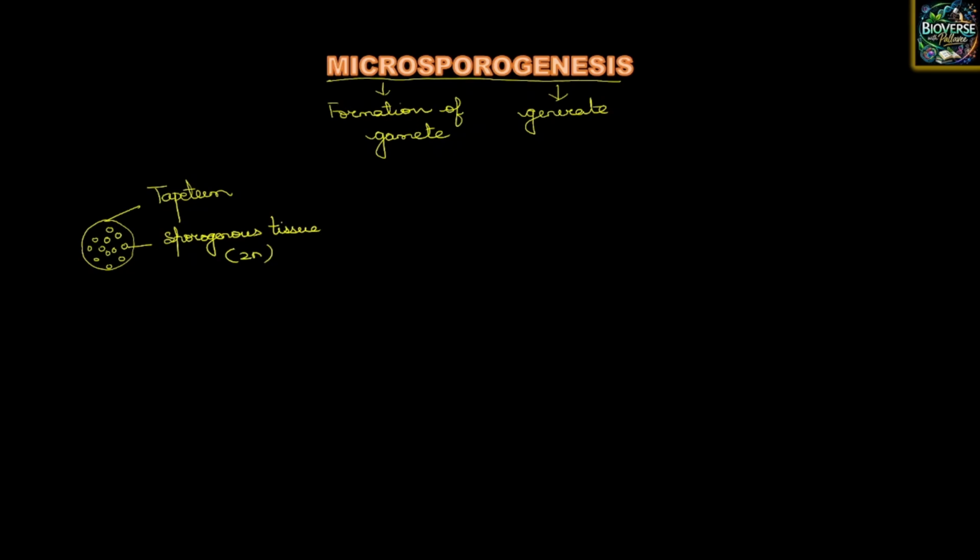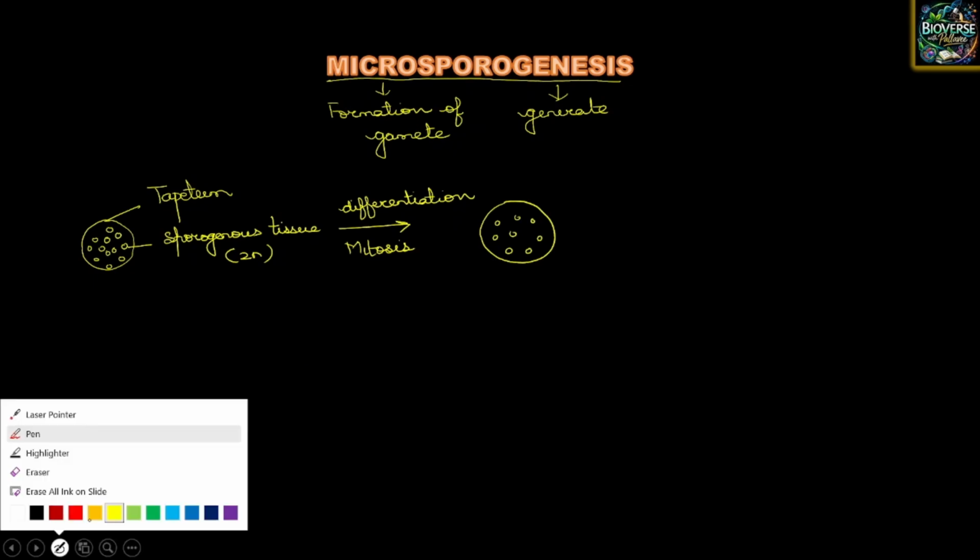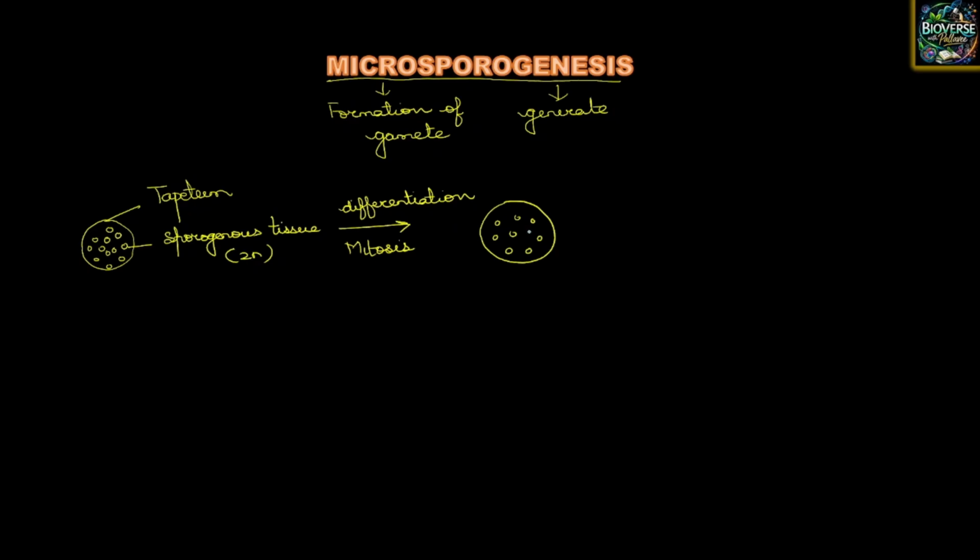Now, these sporogenous tissues are going to differentiate themselves, and the differentiation happens because of the division called mitosis. So till now what we see is mitosis is going to happen, and as a result the sporogenous tissue in the tapetum layer is going to differentiate into the microspore mother cell.